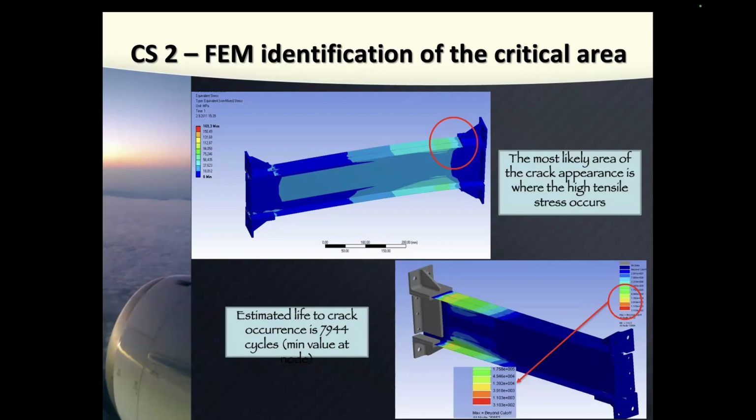Then using the fatigue module of ANSYS, I evaluated that the crack will appear after approximately 8,000 cycles. In reality, we got it after 7,000 cycles, so faster, but again, I did this after the experiment, not before. But it fits well to the results of the experiment.